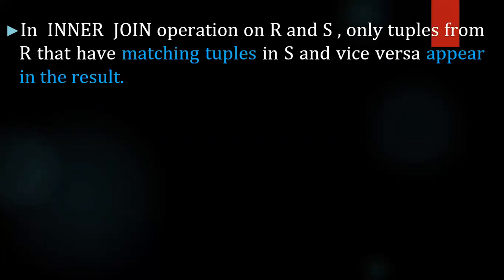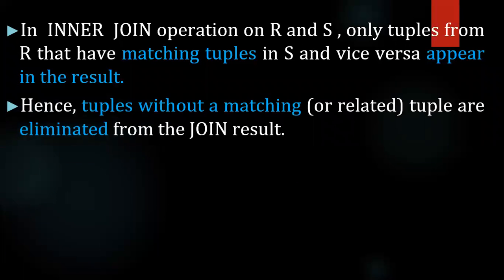In an inner join operation, for example joining R and S, only tuples from R that have matching tuples in S, or tuples in S which have matching tuples in R, that is, matching tuples in both R and S, should be retrieved. In such cases we need to go for inner join. So what about the tuples which are not matching?